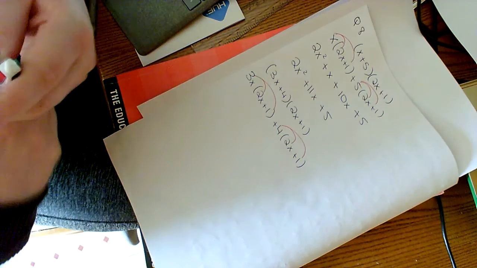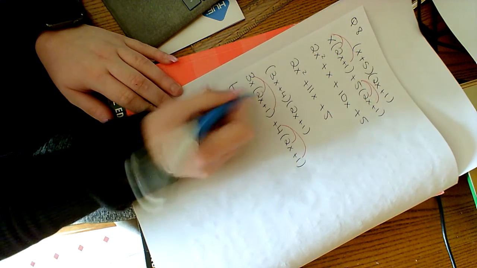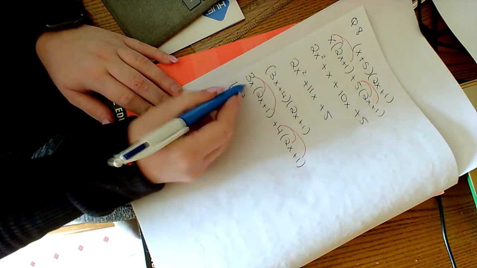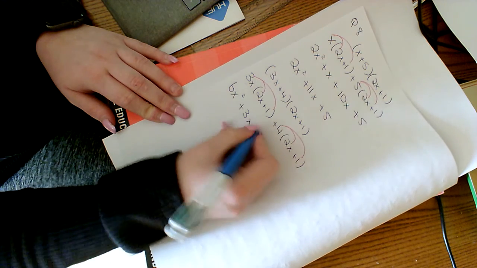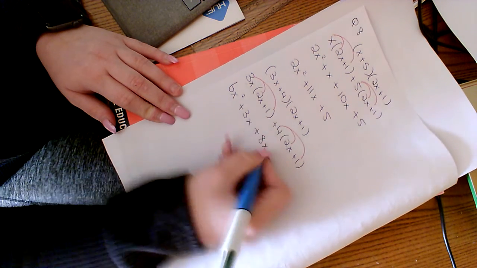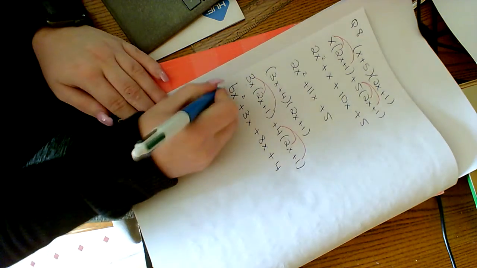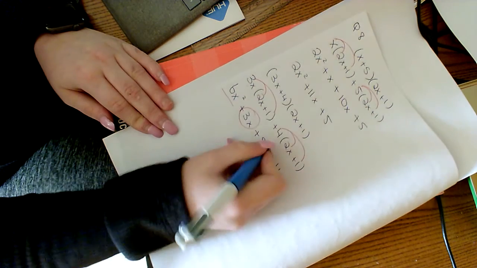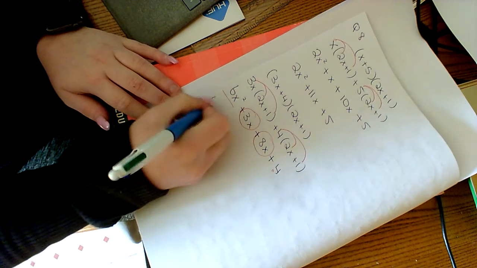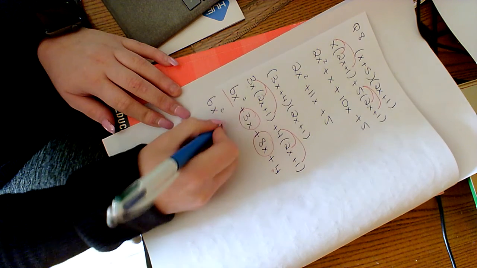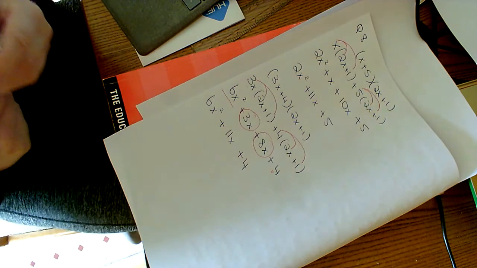And I have 3x times 2x, so 3 times 2 gives me 6, x multiplied by x gives me x squared. 3x times 1 gives me plus 3x, 4 times 2x gives me plus 8x, 4 times 1 gives me plus 4. So I need to underline things that go together, underline this, circle, circle, and put a dot here. So I have 6x squared plus 11x plus 4. And that is fully answered for question 9.